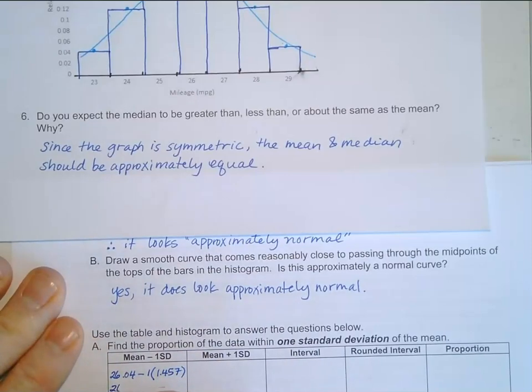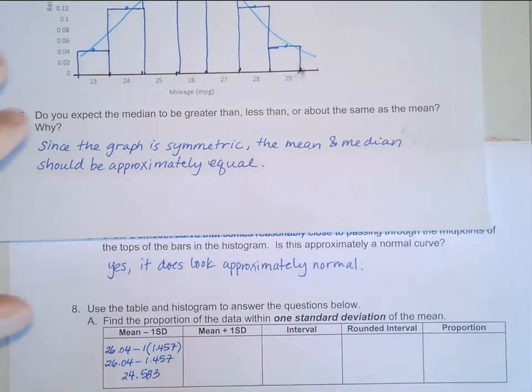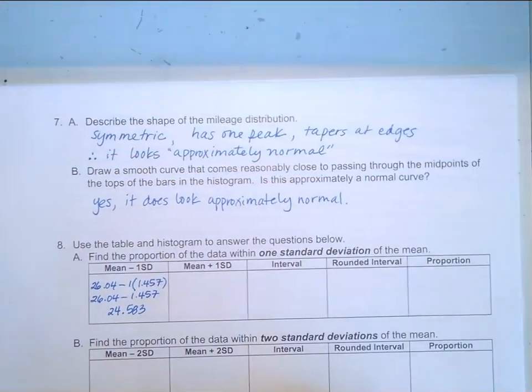So obviously 26.04 minus 1.457. And isn't that just going to be 24.583? Are you okay if I just do the arithmetic? You can hardly see that. Let me bump that up a little bit here.